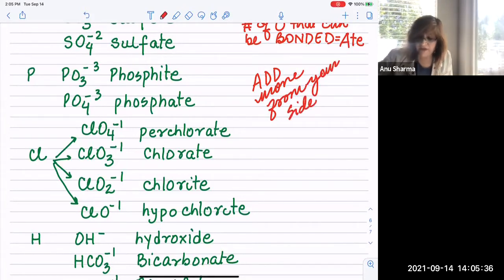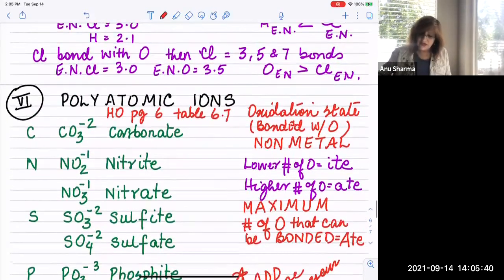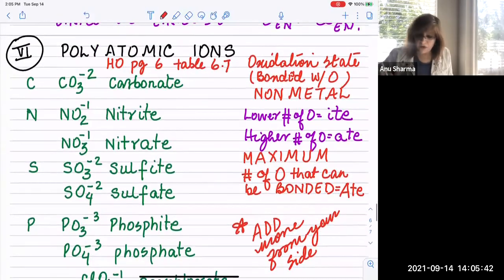There are many in the worksheet also, so you can add more to this list. But this is just to give you the idea of the naming.